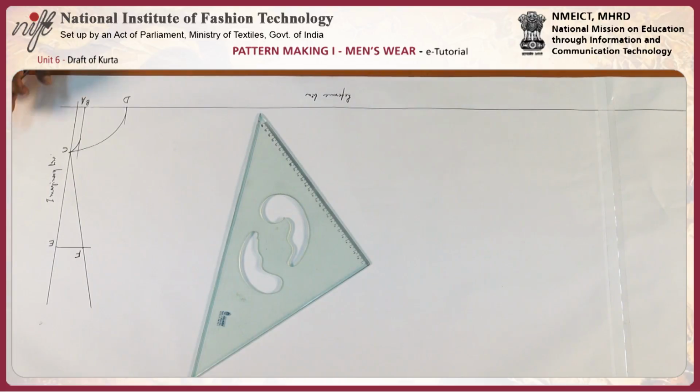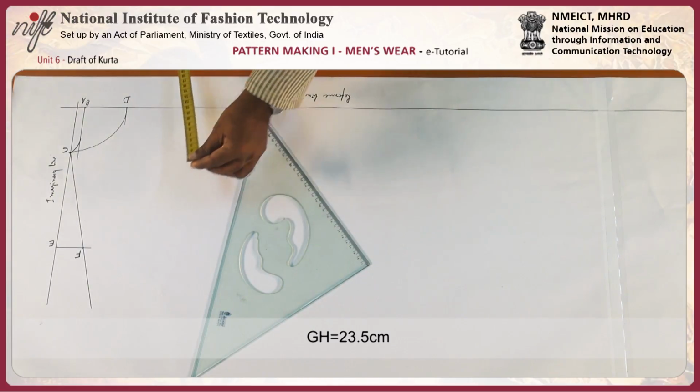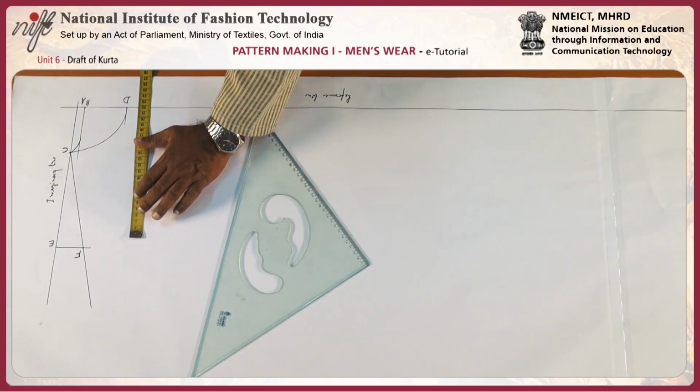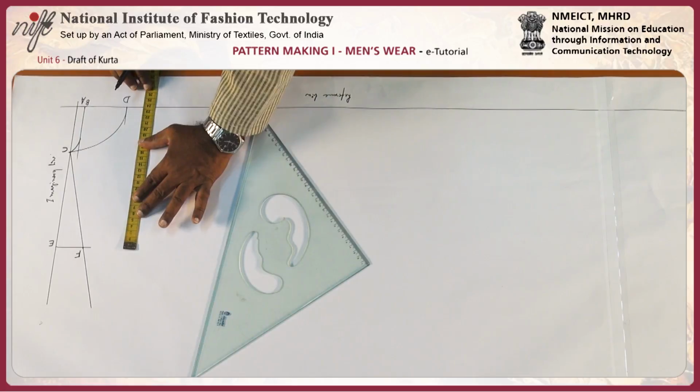From G to H is the across shoulder measurement, which is 23.5 centimeter. See, this measurement should be started from the reference line.